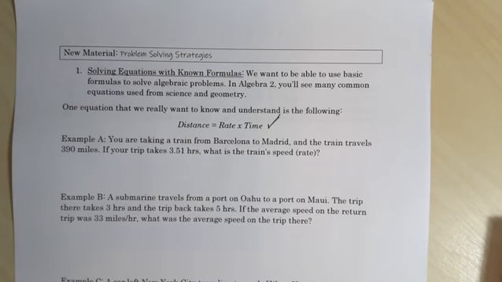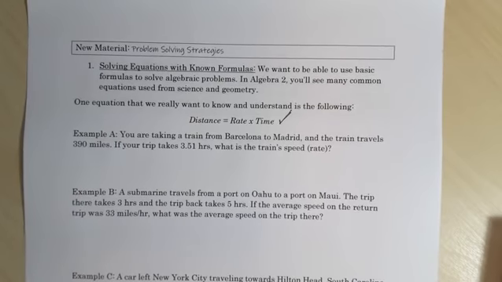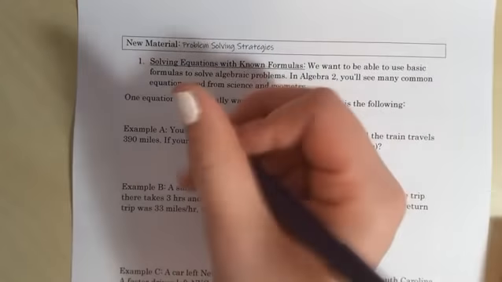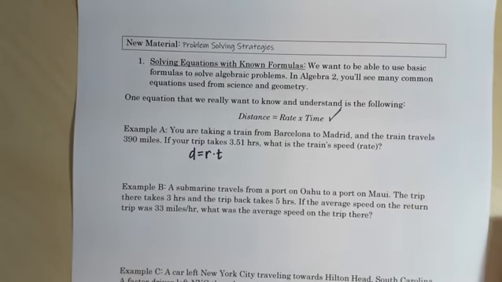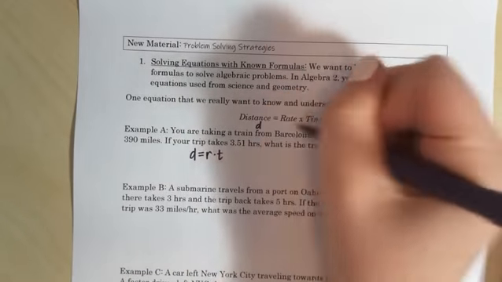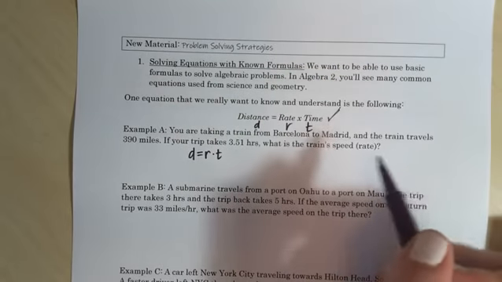First example says you're taking a train from Barcelona to Madrid, and the train travels for 390 miles. If your trip takes 3.51 hours, what is the train's speed? Its rate. So all we have to do is say distance is equal to rate times time. That's this value d, r, t.